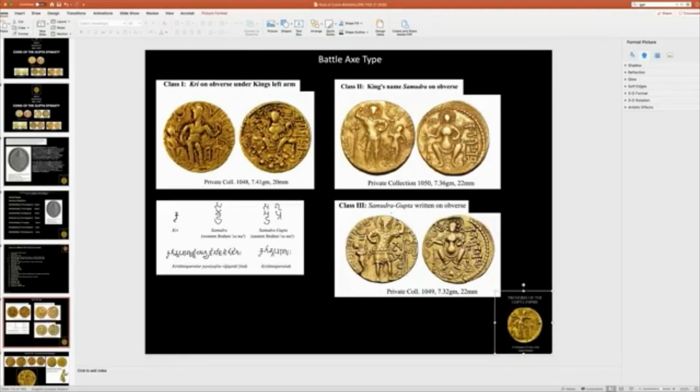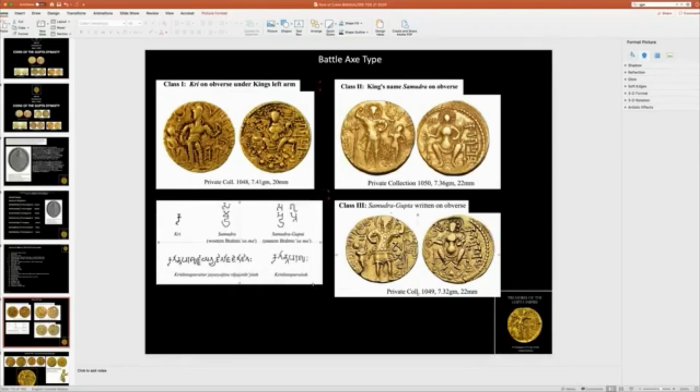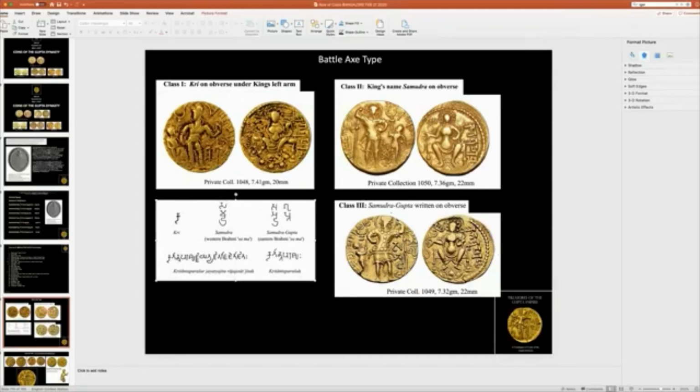In the back, very important, in one of the earlier talks we talked about how we could see the goddess Lakshmi's design evolving. She starts off holding a cornucopia, ends up holding a lotus, and the lotus starts evolving underneath her feet, etc. Here on the reverse, we see in Brahmi, Kritanta Parusha, which means the exterminator of all kings.